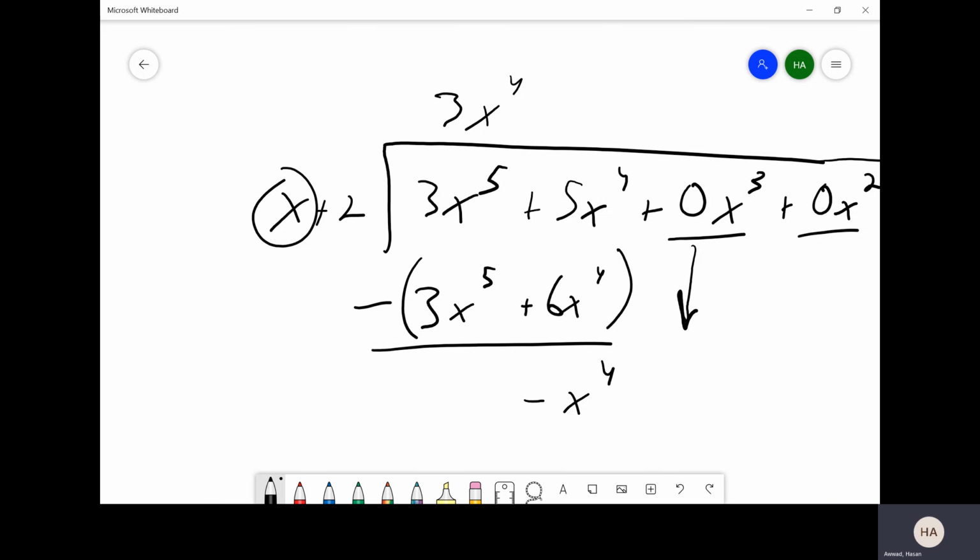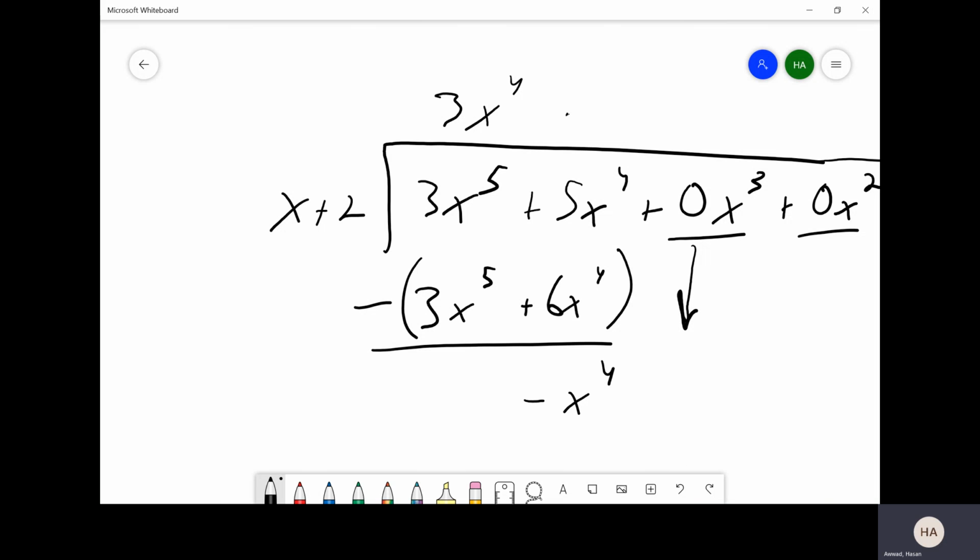But the reason that we're pulling down this 0x cubed is because remember that whatever we put up here, we're going to end up multiplying by this entire thing, and that's going to give us a subtraction of two terms, right? We multiplied 3x to the 4th by our divisor of x plus 2, and we got this piece right here. Notice again, it's two different terms.